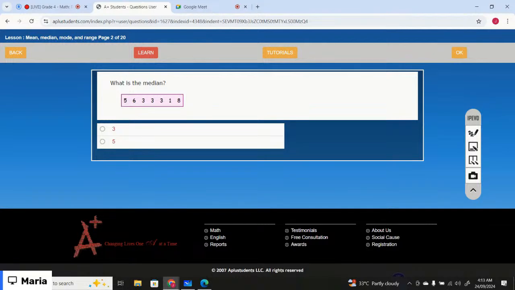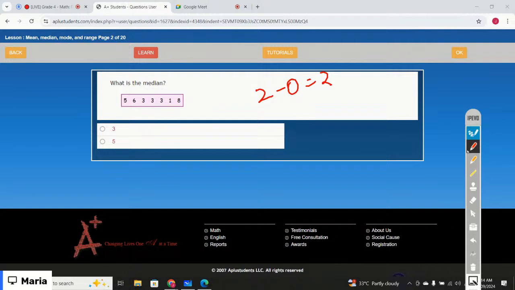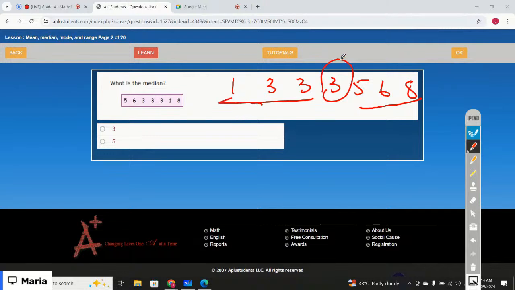What is the median? Median is the middle number. Arrange them from least to greatest, and then divide them into two equal groups. You can see both sides have three numbers. You are left with only one number in between, that is 3.